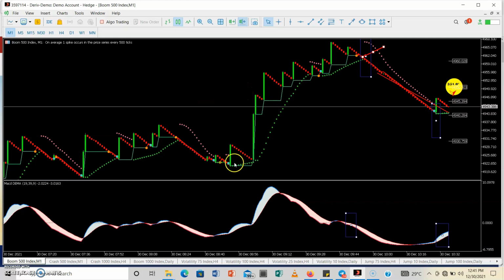Okay, just to confirm that, you can see that at this point we had a red line, which was a sell signal, but the sell signal was not confirmed because we didn't have these parabolic dots above our candlestick. A few minutes later there was a change in trend and we're continuing in the buy trend.